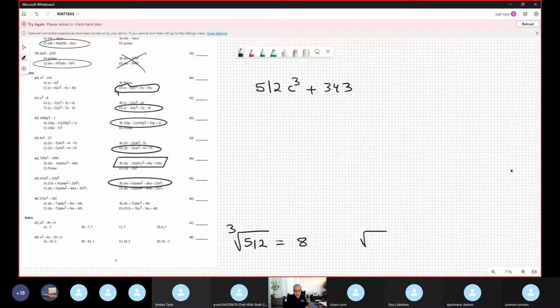I need to determine the cubic root of 343. You put in the calculator cubic root. Same function. In the parenthesis, 343. Oh, 7.